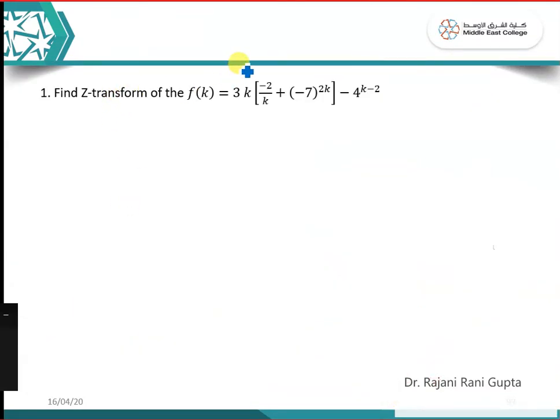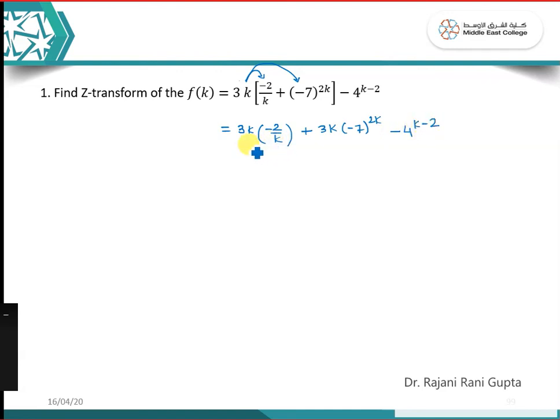Now as we look at this question, it's always better to simplify it first before applying the rules directly. So we simplify by multiplying 3k inside to both terms. So it will become 3k times (minus 2 over k) plus 3k times (minus 7) to the power 2k minus 4 to the power k minus 2.